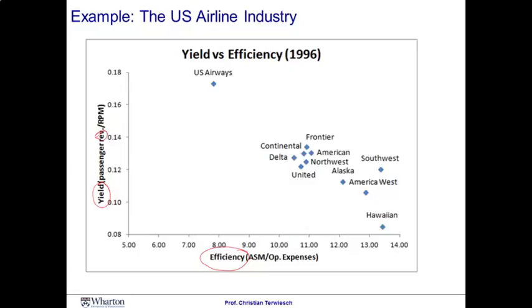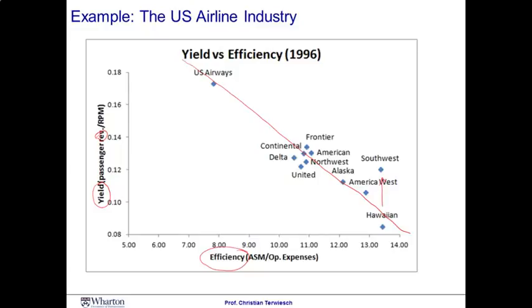Now, take a look here at this concept of the efficient frontier. We see a line that roughly looks like this, and that captures basically all of the big airlines along a pretty linear line. The interesting outlier on this graph is Southwest Airlines.